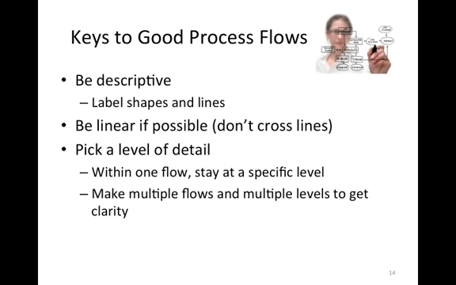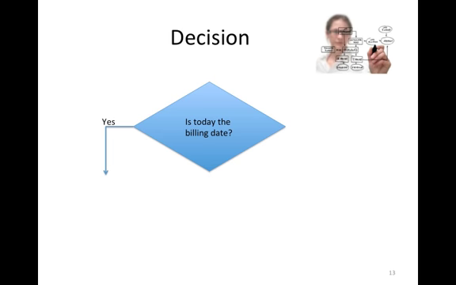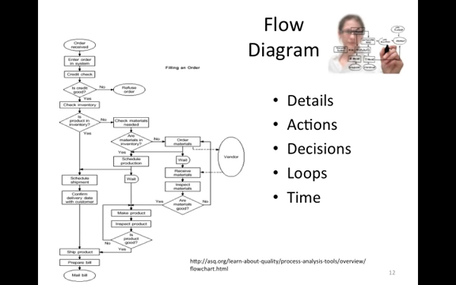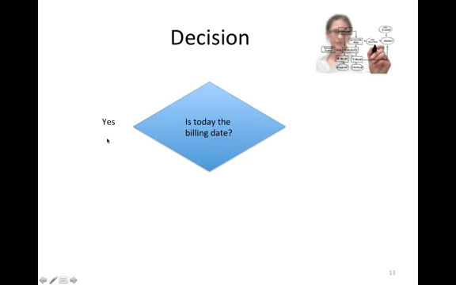Crossing lines is really confusing. If someone has to take their finger and trace the line, it's a problem. So if we look back, we have one linear flow here, we have another linear flow here, and another here, and they interconnect at decision points. This is a really nice model of a flow.